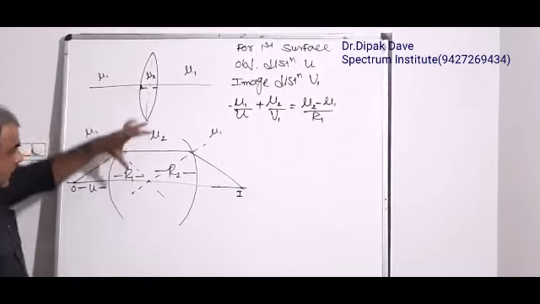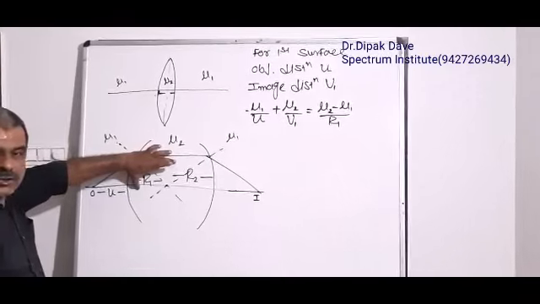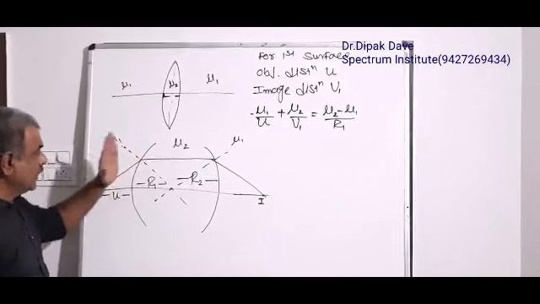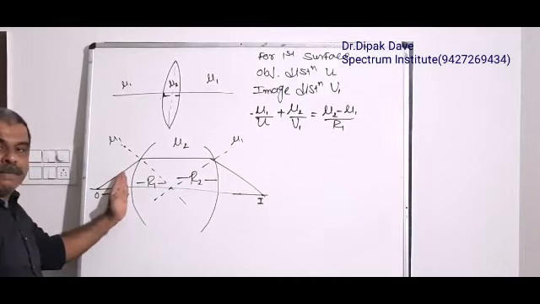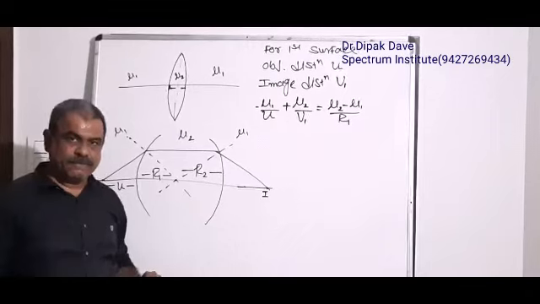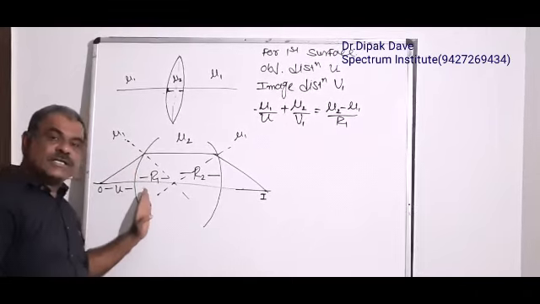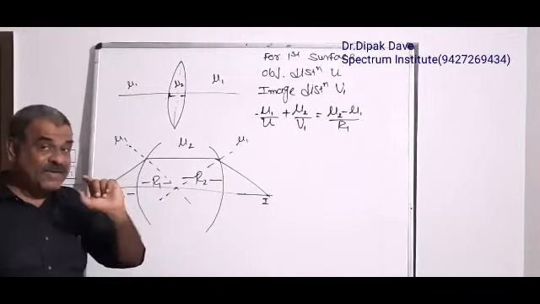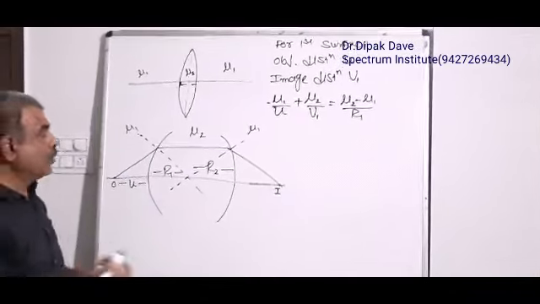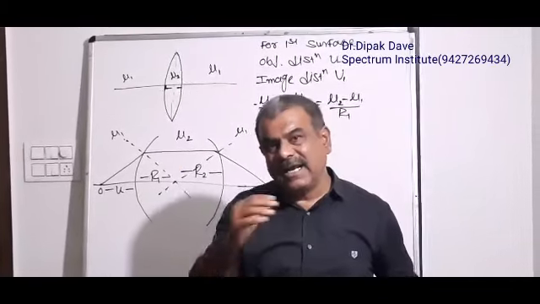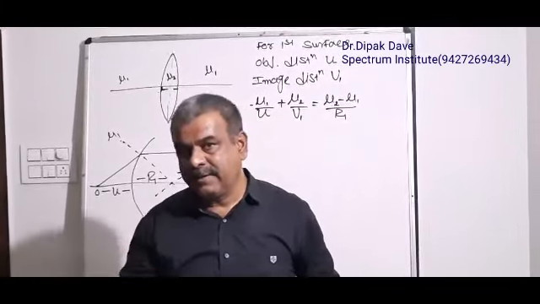Now, as we have a combination of two curved surfaces, what concept can we use? The image created by the first surface acts like the object for the second surface. So the image distance of the first becomes the object distance for the second. Look, the wording I am using: image distance of the first is acting like object distance for the second.